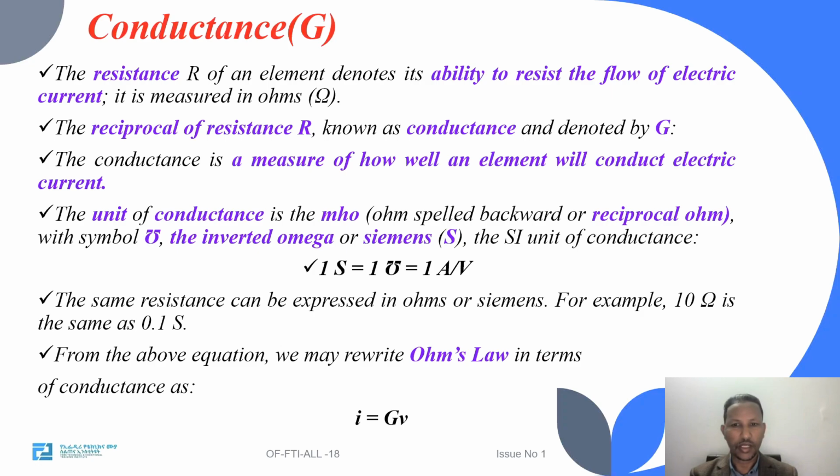The reciprocal of resistance is known as conductance and is denoted by G. Conductance is a measure of how well an element will conduct electric current.